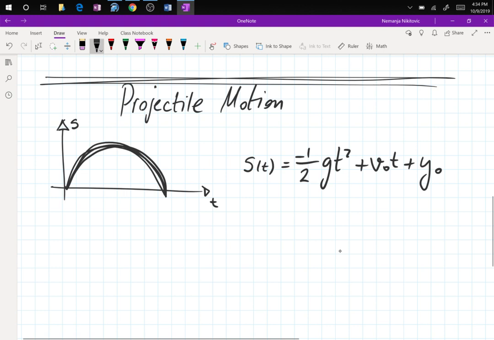Anything you throw, apart from leaves and paper, stuff like that, so anything that will fly without air being significant enough to change its trajectory, anything you throw will go with this equation.